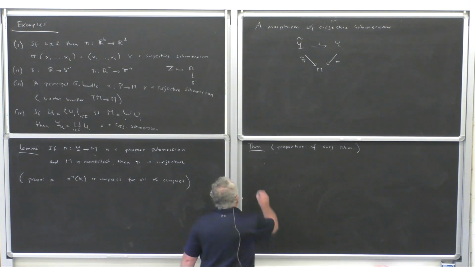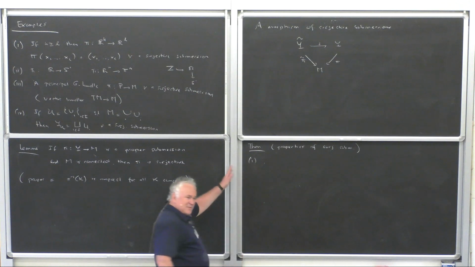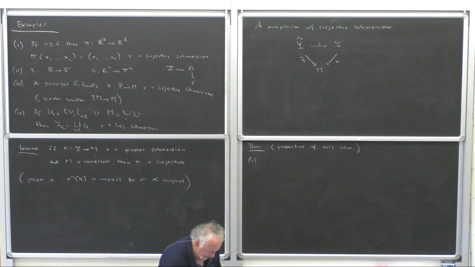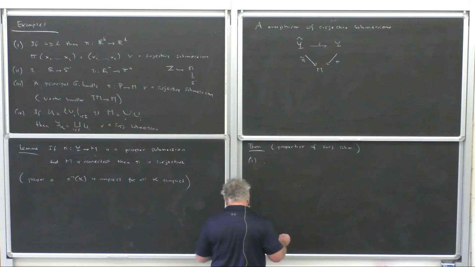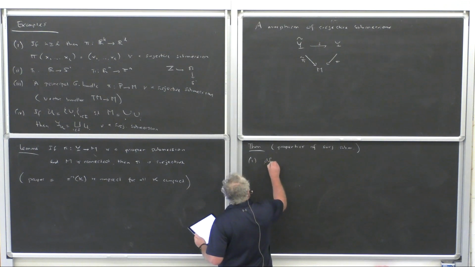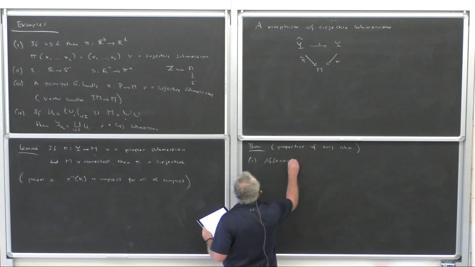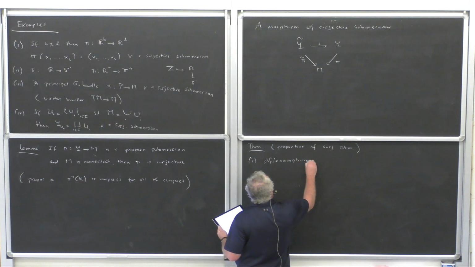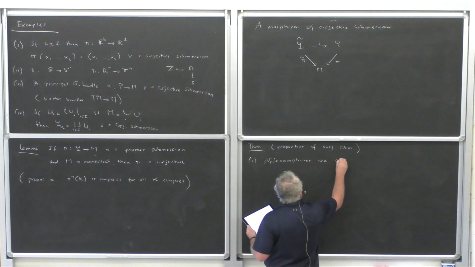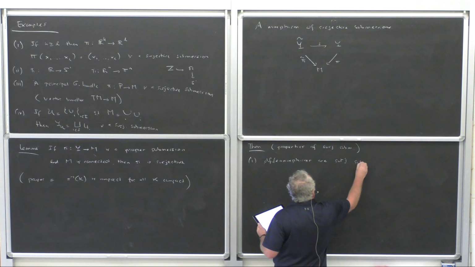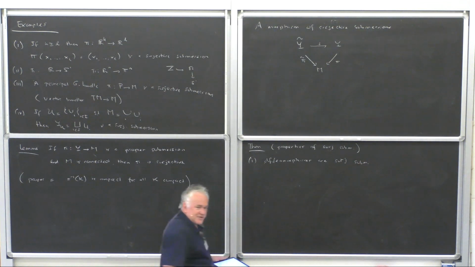Okay, so a lot of them are straightforward. The rest I'll give as exercises. So diffeomorphisms, that's the first property. Diffeomorphisms are surjective submersions. Not very interesting ones.